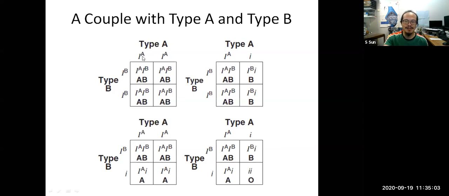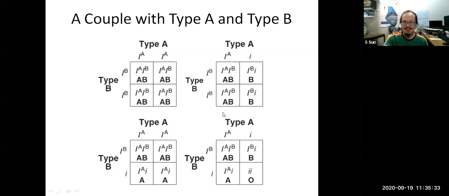It could be the parents are both AA and BB. Then their kids will all be AB, AB, AB, AB. If the parent only carries one type A allele and the other allele doesn't, then their kids will be AB, AB, and IB will be BB.